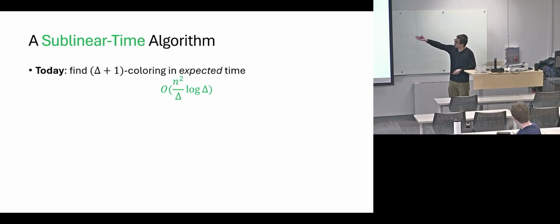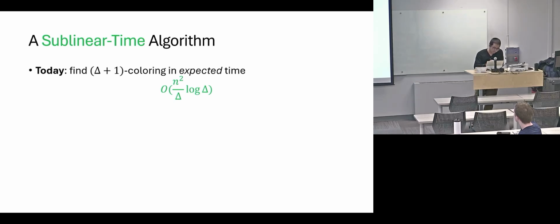But when delta is close to n, then this actually runs in basically linear time. Wait, wouldn't it be n log n? Oh, n log n, yeah, n log n, right? So when delta is close to n, this is n log n, which is sublinear in the size of the graph.